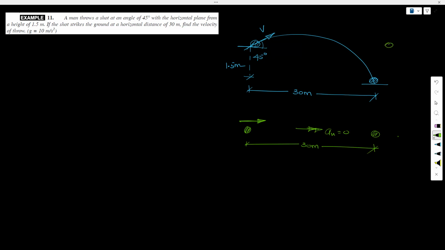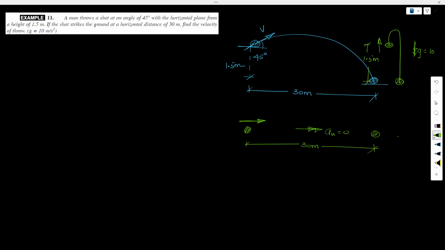Meanwhile, if we consider the vertical, it is going to go up and then come down. The initial velocity in the vertical direction would be the vertical component of the initial velocity, and the acceleration due to gravity for the vertical component would be 10, as we are supposed to take. And the height is 1.5 meters.